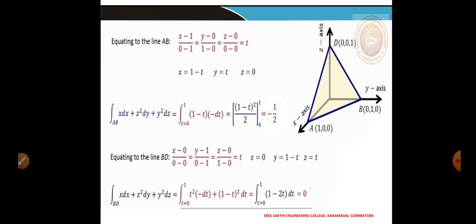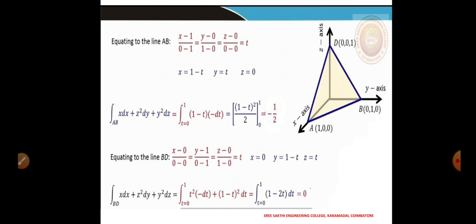Also along this AB, we will integrate x dx plus z squared dy plus y squared dz. We have the parametric equation: x equals 1 minus t, so dx equals minus dt.